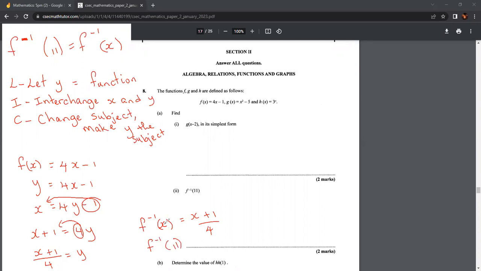And you know, it's just all about substitution. So 11 plus 1, that's 12 over 4. 12 over 4 is 3. All right, so f inverse of 11 is equal to 3.